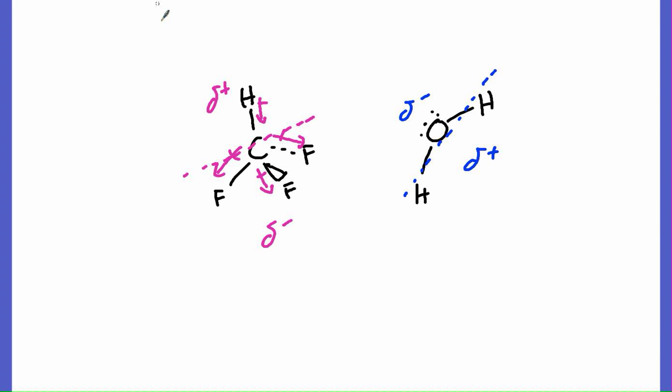But when I had that carbon dioxide, if I tried to put those arrows in there saying the oxygen's more negative, the carbon's more positive on both sides, right? I can't draw a single line to separate my positive and negative, right? I actually would have to draw a line that curves to separate positive from negative, right? So I can't do that. This is not a polar molecule for that reason, right?